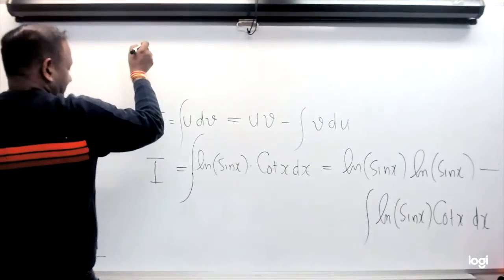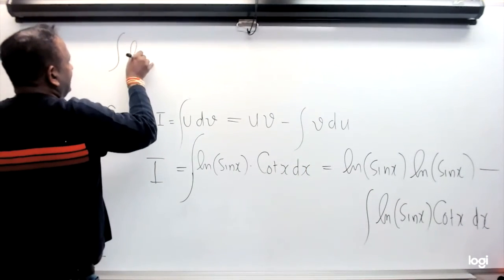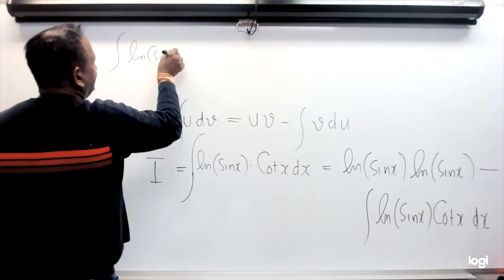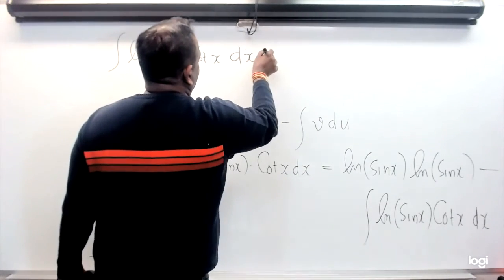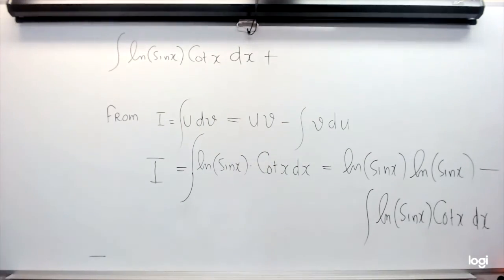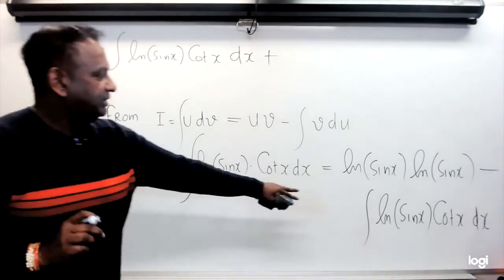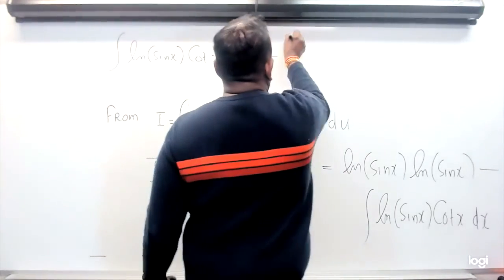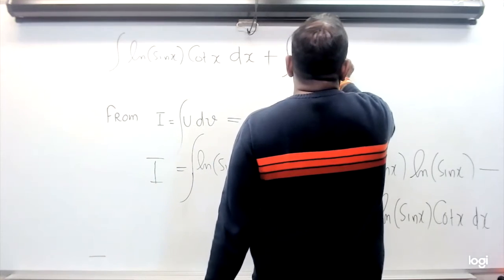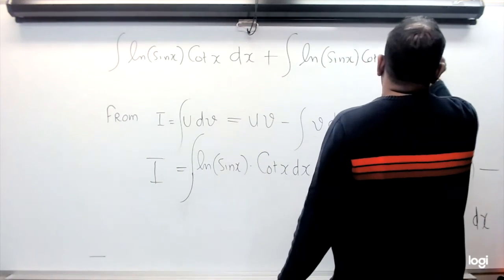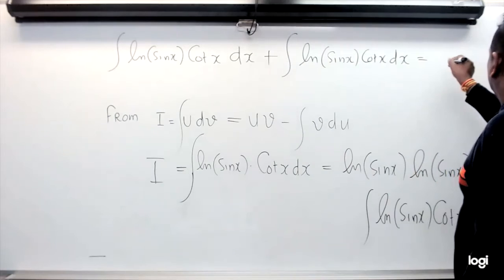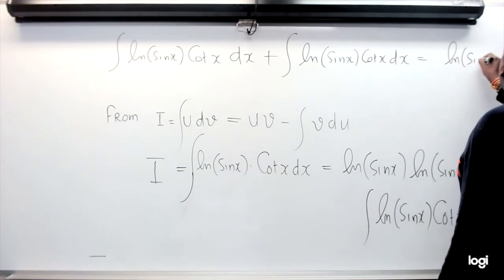So I'm going to write this one very clearly. Integral ln sine x cot x dx plus, when you take this to this side, become plus integral ln sine x cot x dx. On the right hand side, I have ln sine x being repeated twice, so squared.